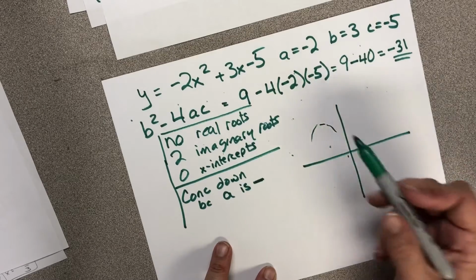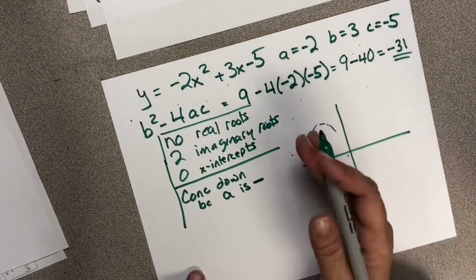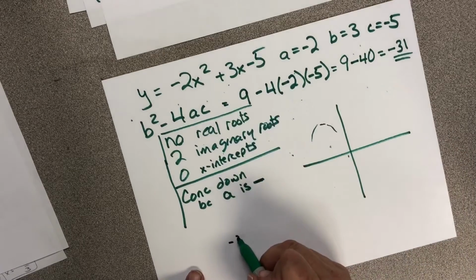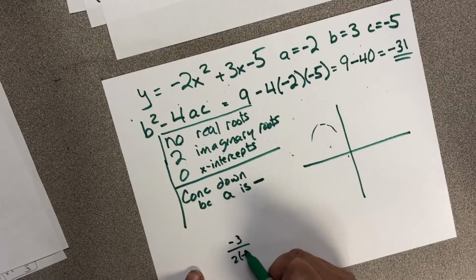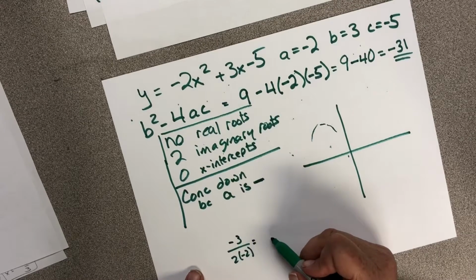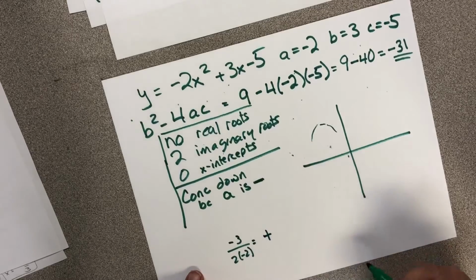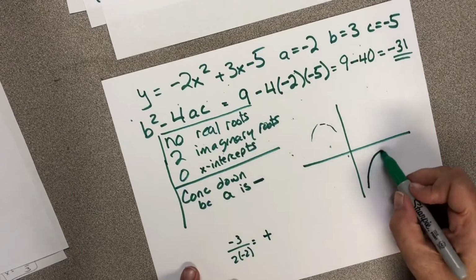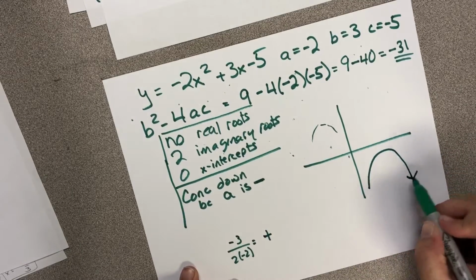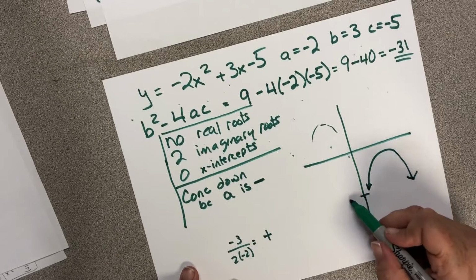And then if you wanted to do a little extra, negative b over 2a to see where your line of symmetry is going to be, negative 3 over 2 times negative 2, that would give us a positive line of symmetry, which would put the line of symmetry over here. And we have a y-intercept of negative 5, so that would work also.